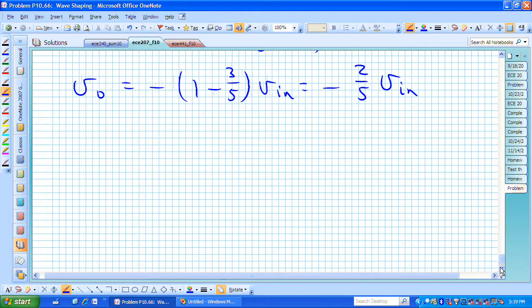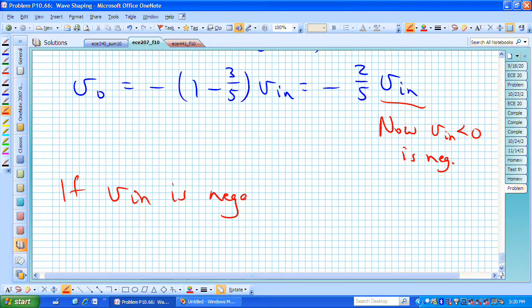Meaning, now that we've changed the sign of Vn to be negative, now we know that if Vn is negative, then our output of this circuit, this wave shaping circuit, is minus 2/5 times that Vn.